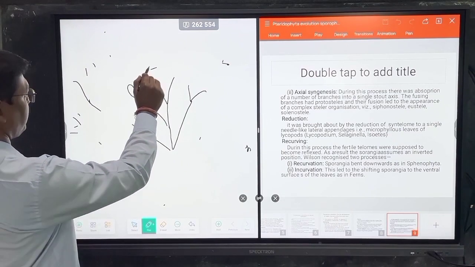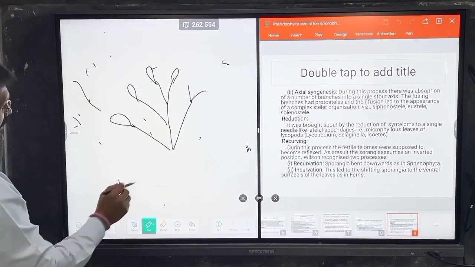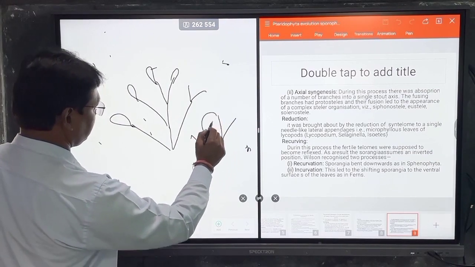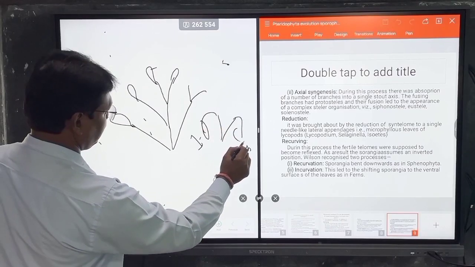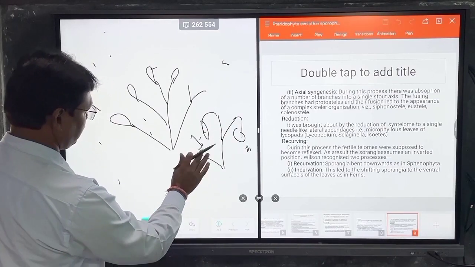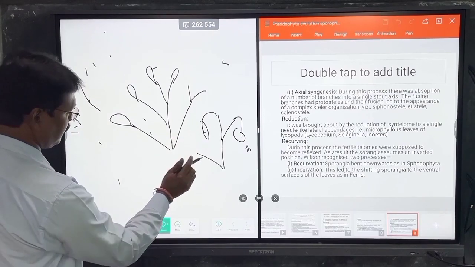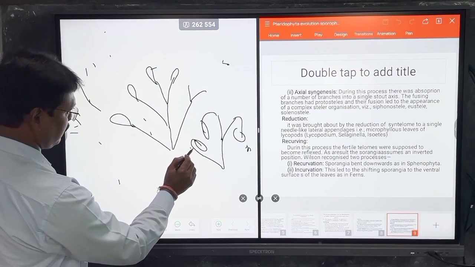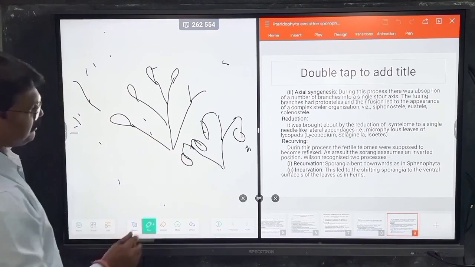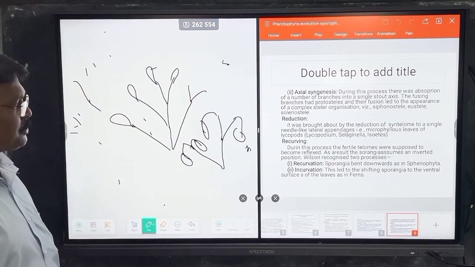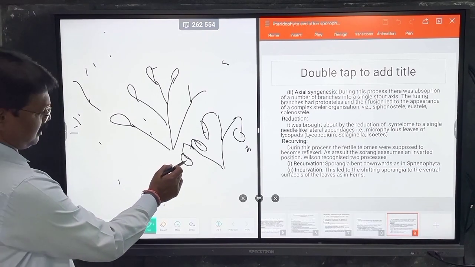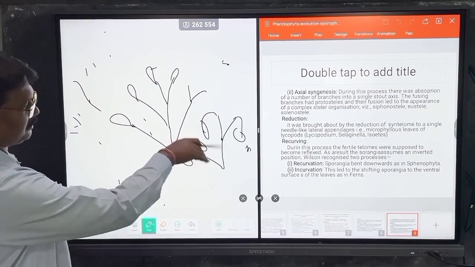So fertile telome, then it becomes bent like this. Ultimately, it bends downwards, and the sporangia become downward.